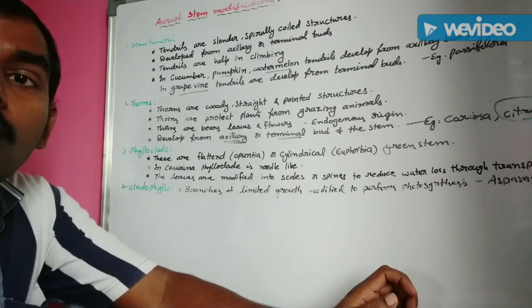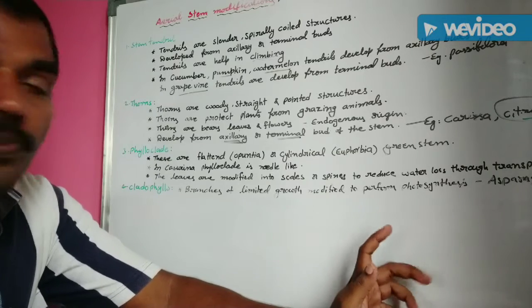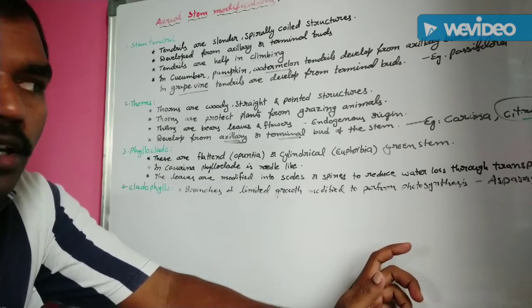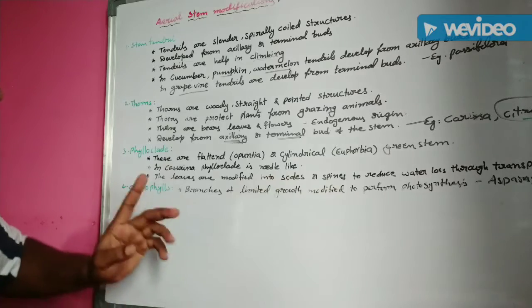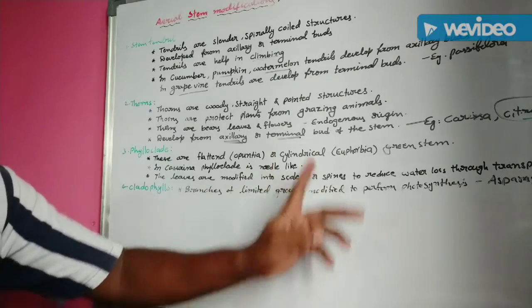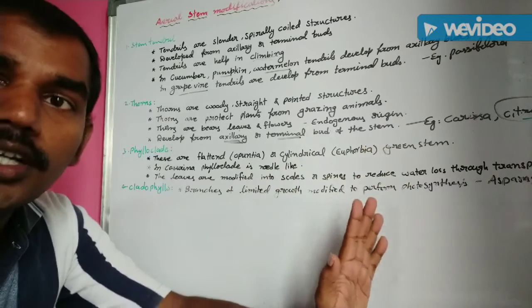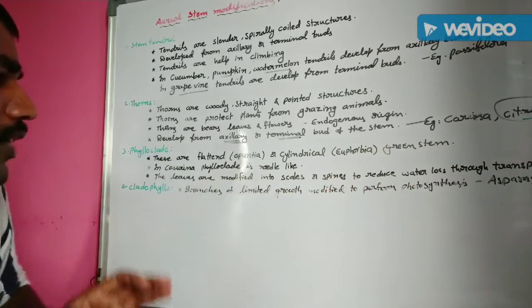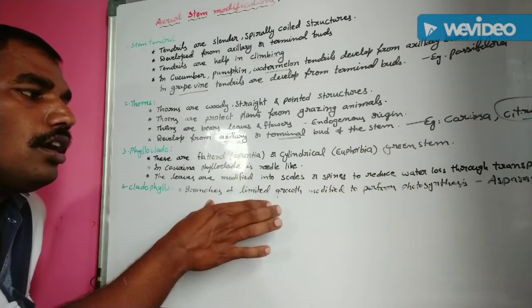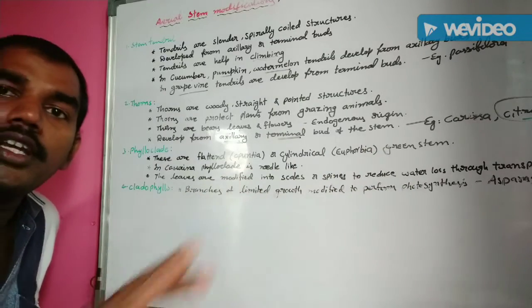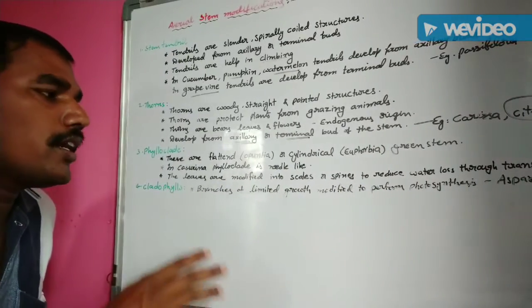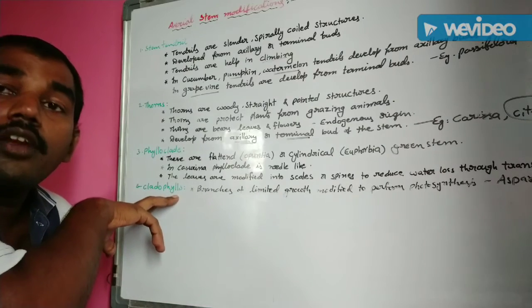The leaves are modified into either scaly leaves or spines. So the branches of limited growth are modified to perform photosynthesis in Asparagus species. That limited growth modification in Asparagus is called phylloclade.